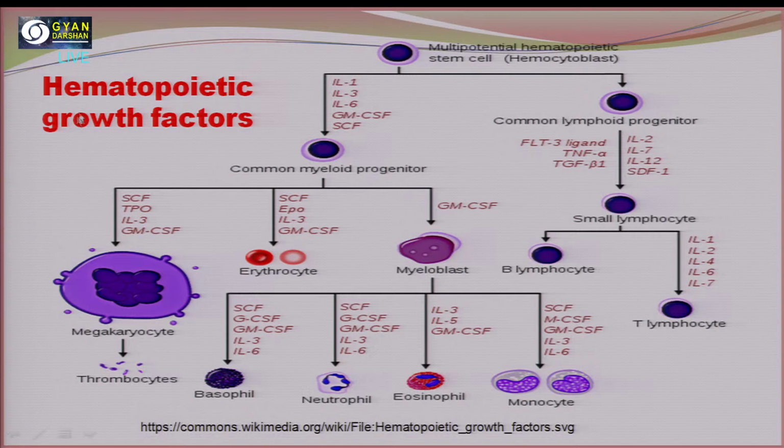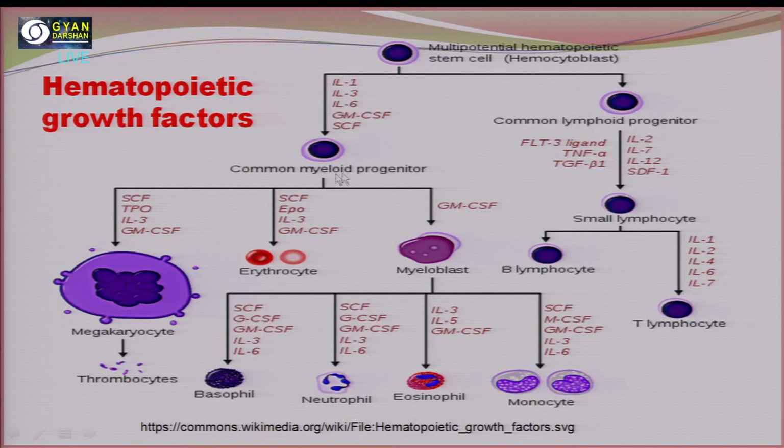Another thing I want to discuss here is the hematopoietic growth factors. You can see here the stem cells, the multipotent stem cells, and the hemocytoblast. Here are the common progenitors. In the case of the different growth factors, there are interleukin 1, interleukin 3, interleukin 6, and CSF.